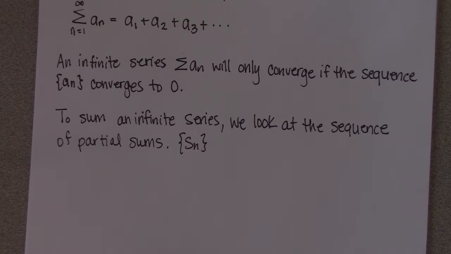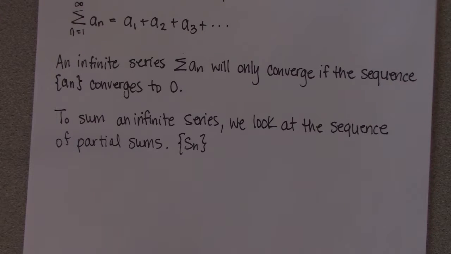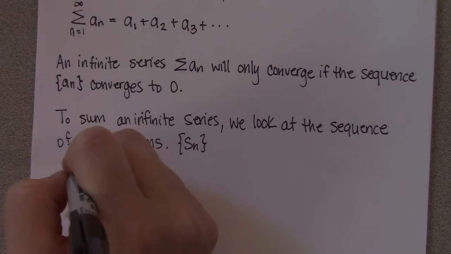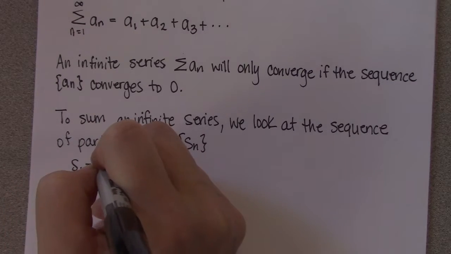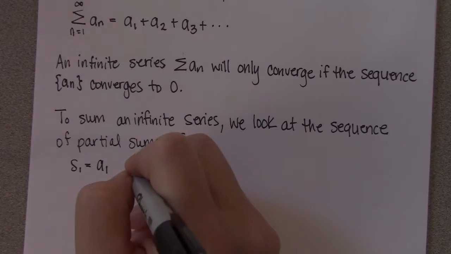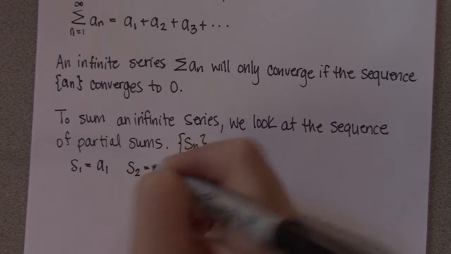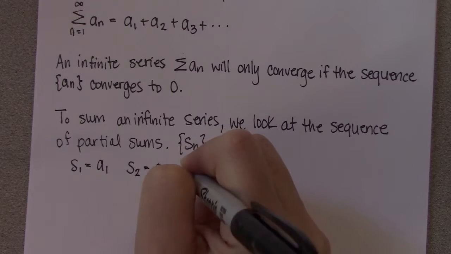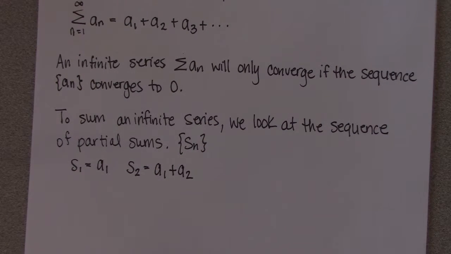So one of the things we do is we look at the series of partial sums. All right, so here's what a partial sum would look like. S stands for sum. S1 is simply the first term. If I wanted to know what the second partial sum is, S2 is saying add up the first two terms.